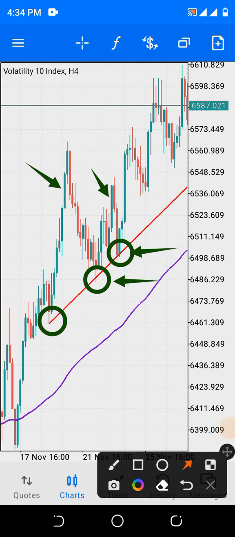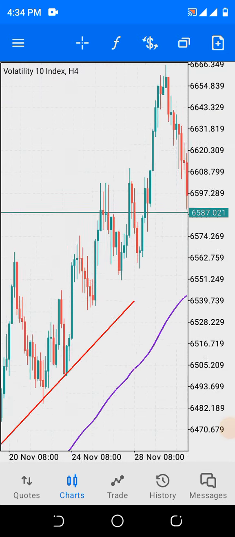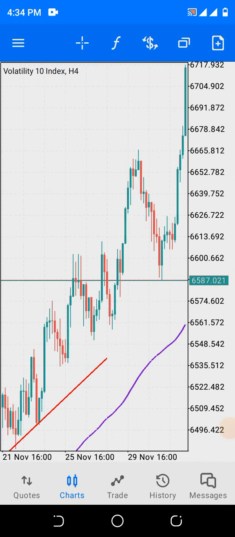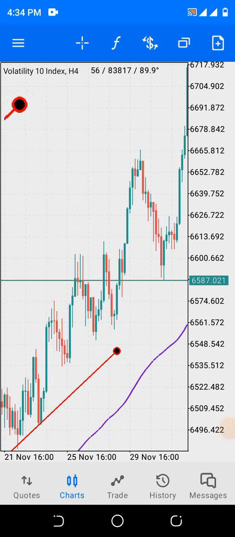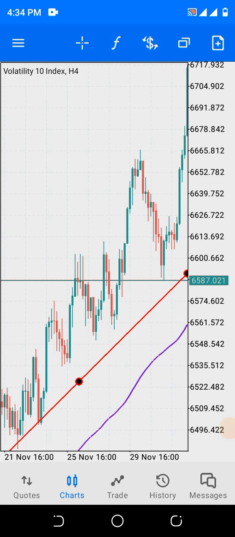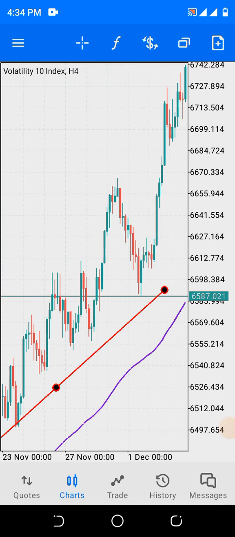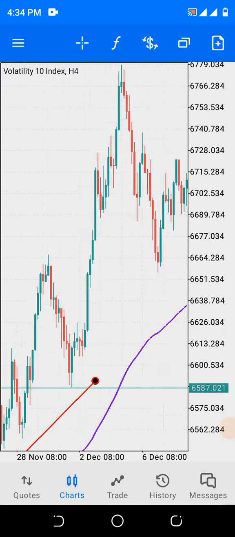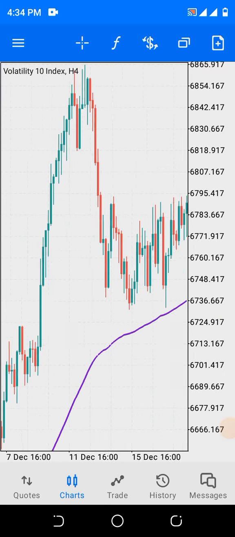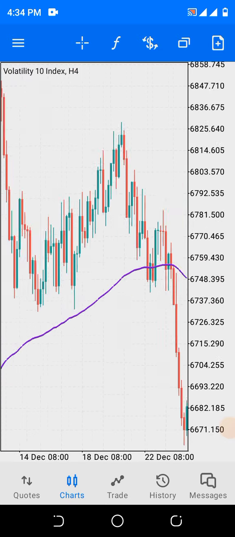So here is the perfect way to make your entry. This is for an uptrend. Are you seeing it? So you can also extend that trend line. When the price comes closer to the trend line, those areas are the perfect areas to make your entries.